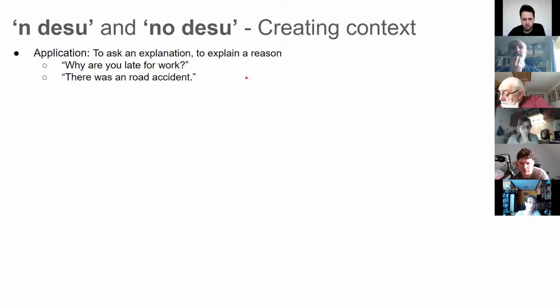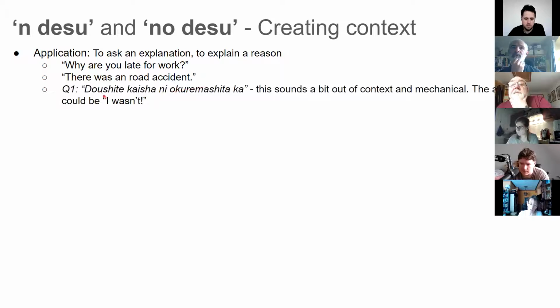Up to now, probably the way that we've translated the first opening question is "Doshite kaisha ni okuremashita ka?" So okureru means to be delayed or to be late. Doshite, why? Kaisha ni, to the company, to work. Okuremashita ka? So this would be completely understood, but it does sound a bit out of context and mechanical.